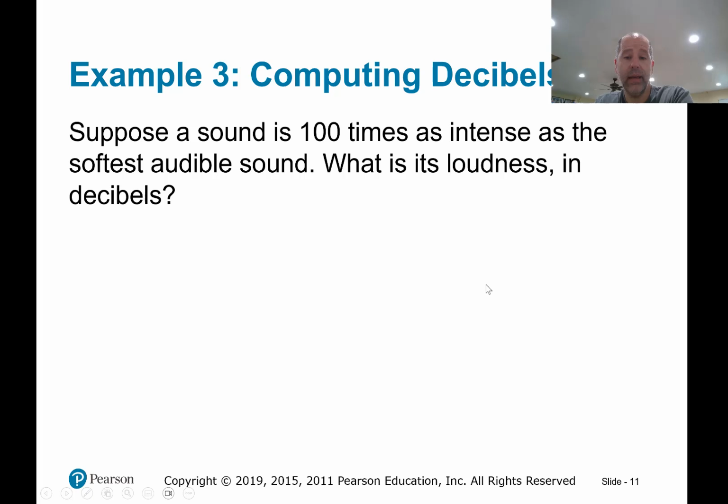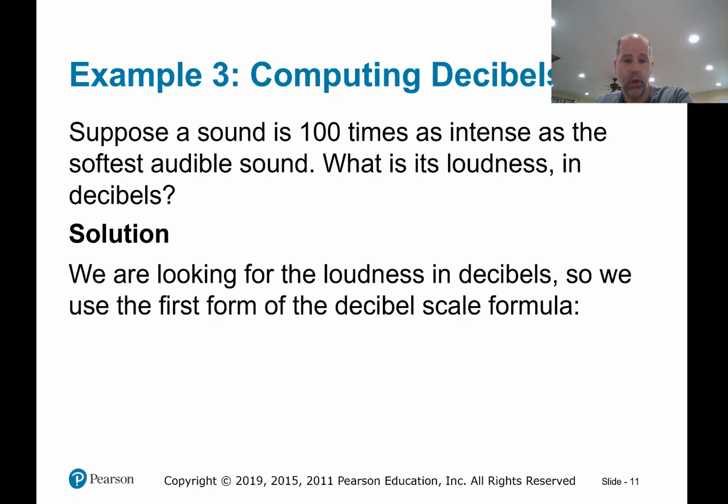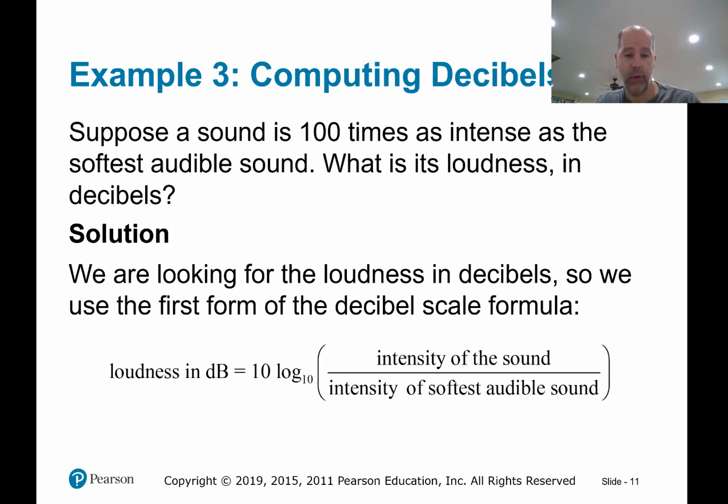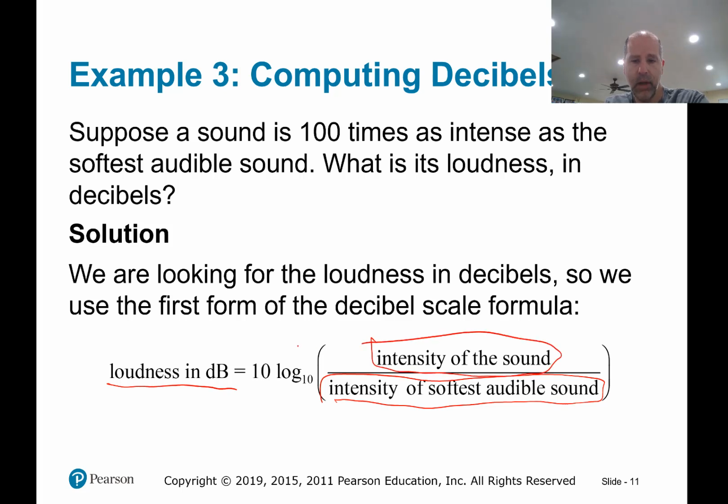Again, we're just going to use the formula. We're looking for the loudness in decibels, so we need to use the first form, which has the decibel scale, the log formula. We're going to use the intensity of the softest audible sound, which we know, and compare that to the intensity of the sound we want to look at.